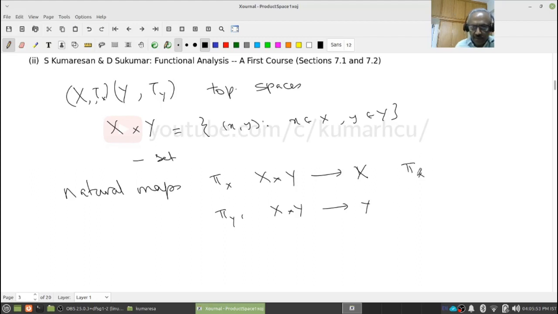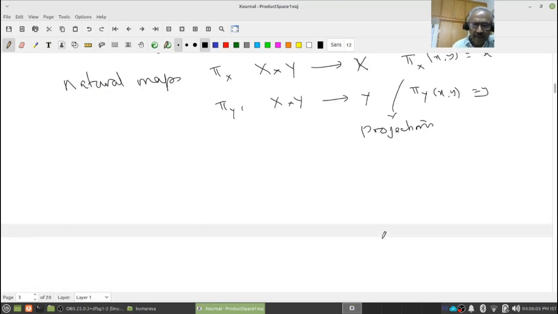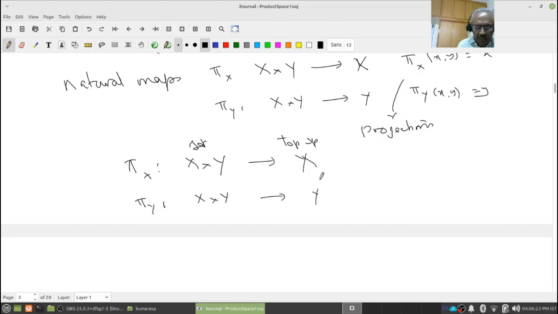Here, what is it? π_X is a projection onto the first factor. π_Y is a projection onto the second factor. They are called projections. Now something very interesting happens. Let us look at this: π_X is a map from X × Y, which is a set, to X, a topological space, and similarly π_Y is from X × Y to Y, a topological space.